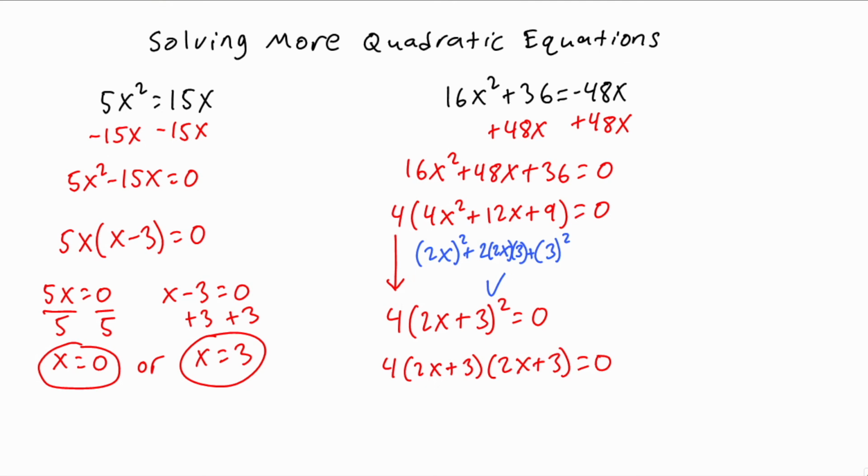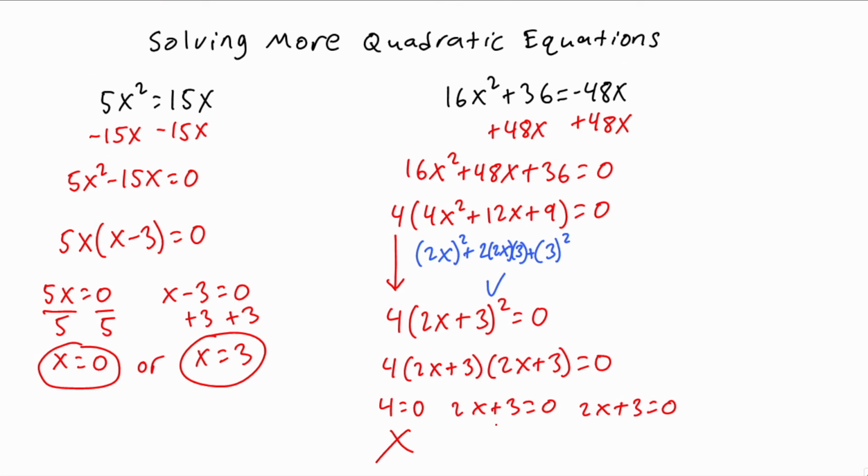So we split it into 3 problems. 4 equals 0, 2x plus 3 equals 0, 2x plus 3 equals 0. Well, 4 equals 0, that's not true. That just doesn't work.